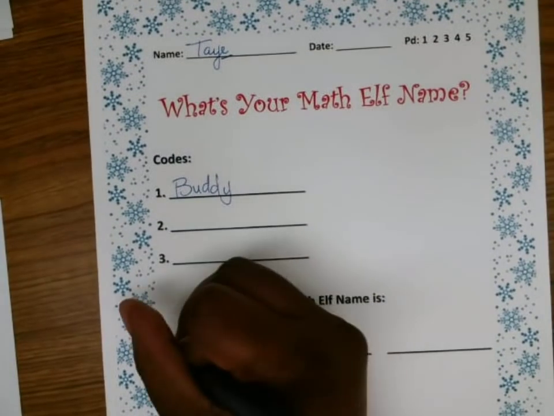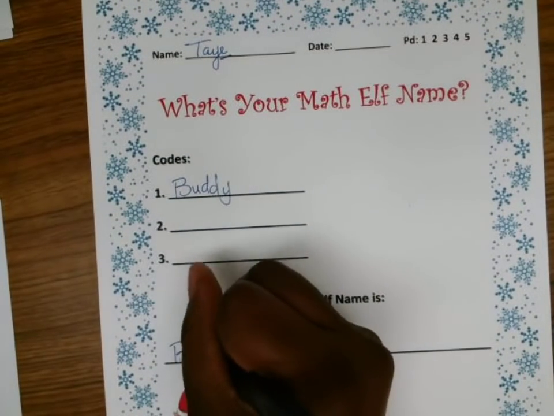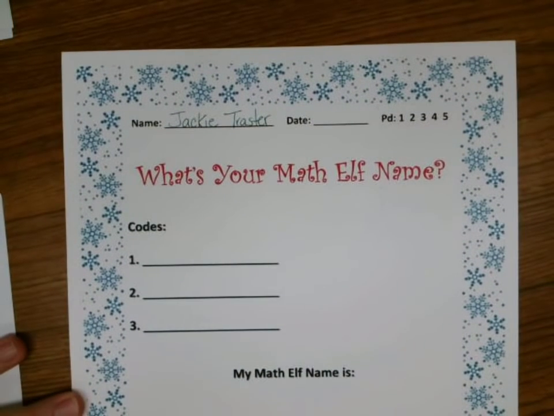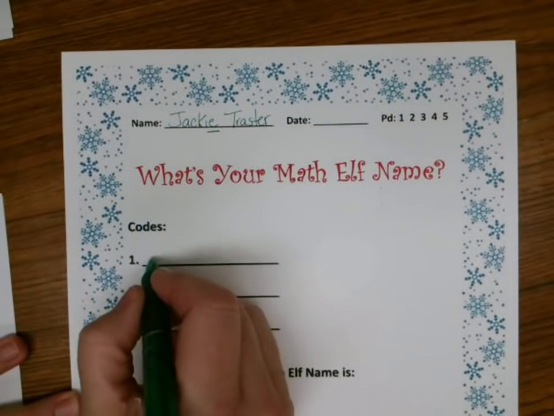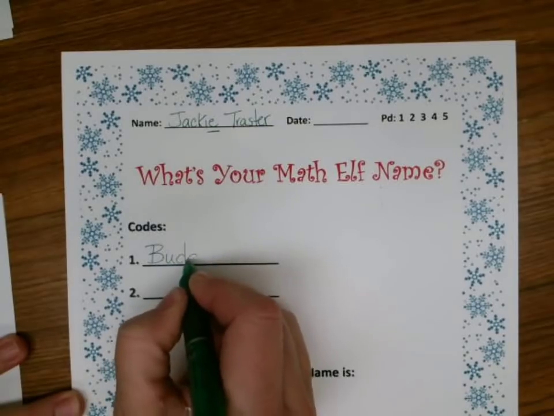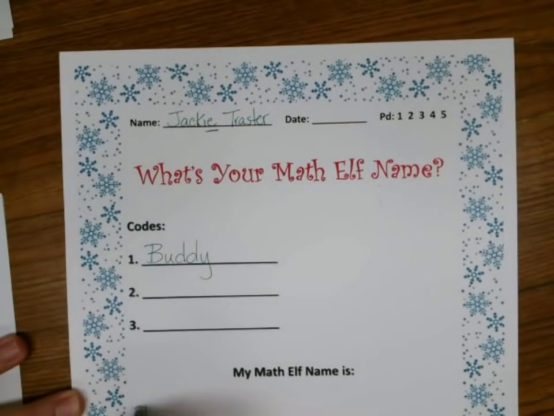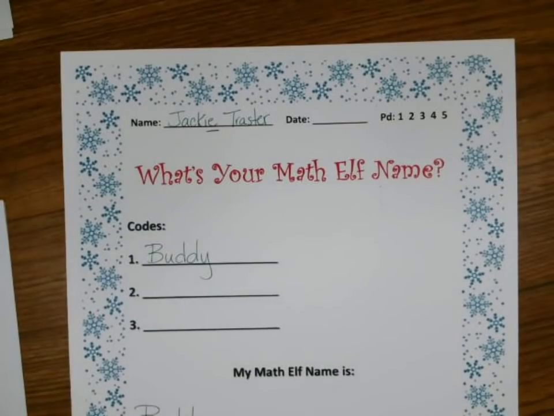That's my first code. And what do you have, Spin Master Traster? Well, I too end in E, so I am also Buddy. Boom. That will be the first part of my math elf name. Awesome. Great. All right.